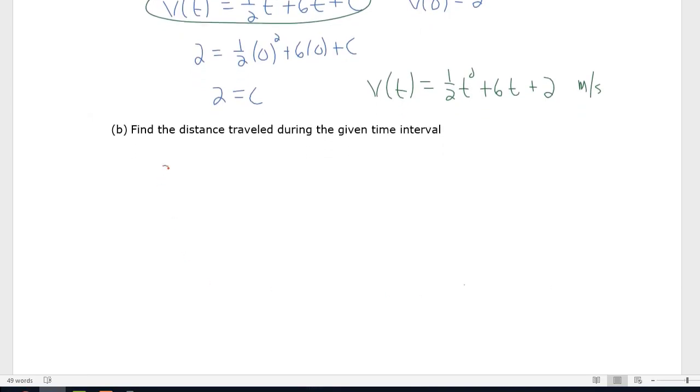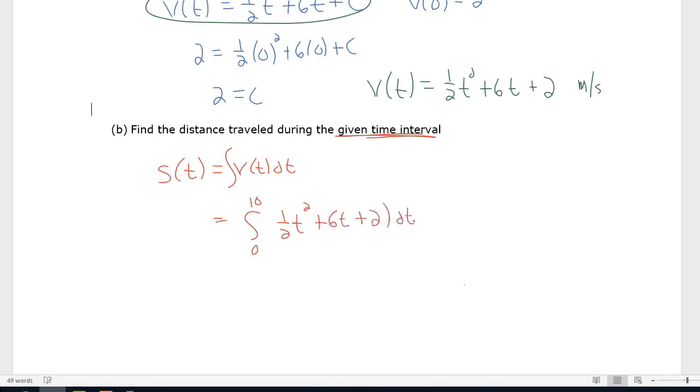What we want to do in this case is integrate over the given time interval, from 0 to 10 seconds. The velocity equation that we worked through is 1/2 t squared plus 6t plus 2.